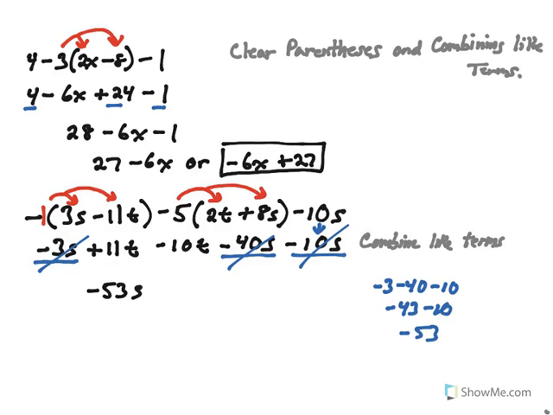And now we're just left with the t terms. So 11t take away 10t is going to be positive 1t or just positive t. So the answer is minus 53s plus t. That would be the answer right here. Okay? So that concludes how to simplify algebraic expressions.